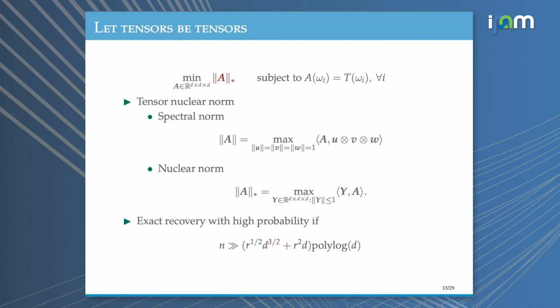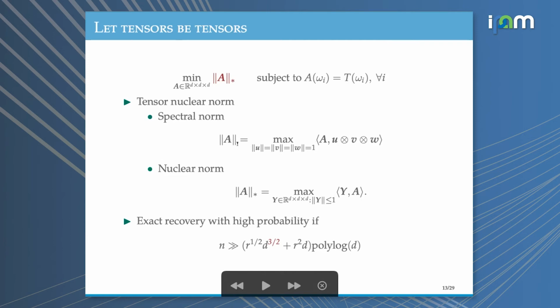And one way that is convenient for us is as follows. Basically, we define nuclear norm as the dual norm of a spectral norm. So suppose I have a tensor A, I can define the spectral norm as the maximum inner product between A and an elementary tensor, basically a rank 1 tensor, of unit norm.